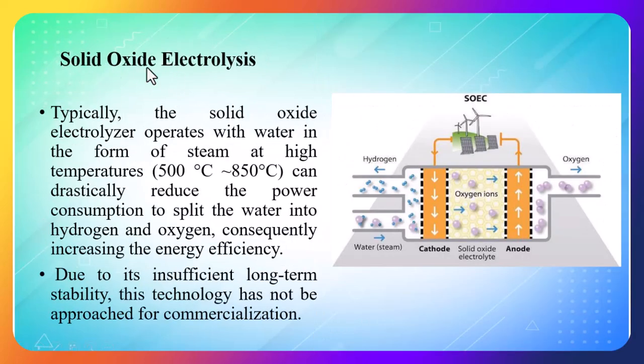Whereas when you go for solid oxide electrolysis, there is a small difference: instead of pouring water alone, you pass steam. Typically the solid oxide electrolysis operates with water in the form of steam at a high temperature of 500 to 850 degrees, which can drastically reduce the power consumption to split the water.